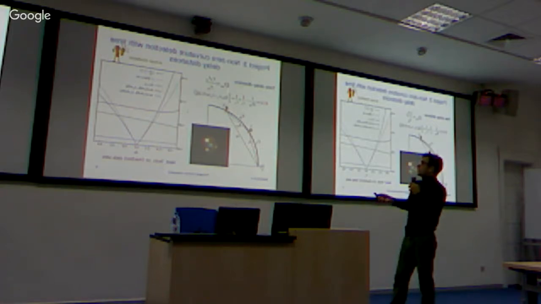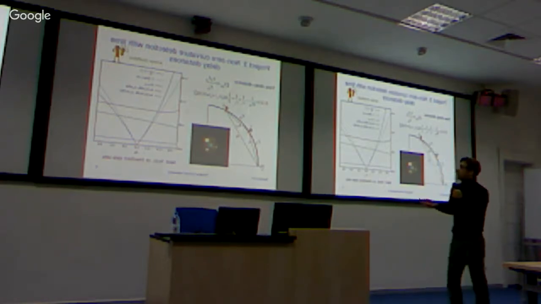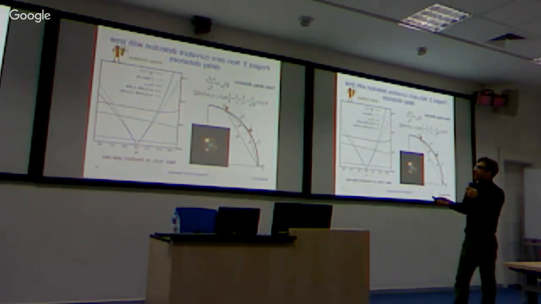Then you find that this difference is proportional to the curvature parameter, and in principle, if your measurements are precise, you can detect this curvature parameter.